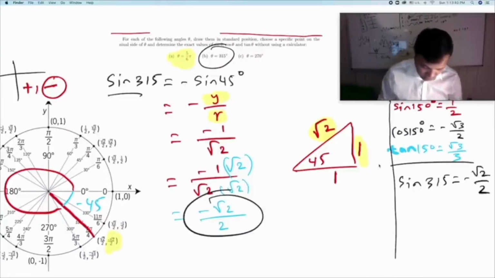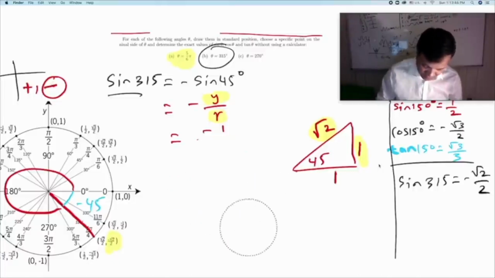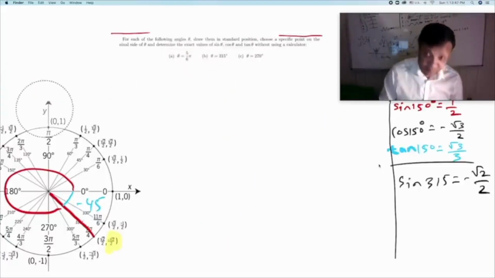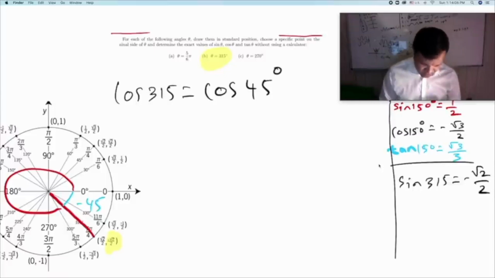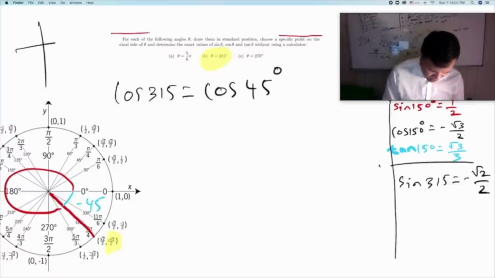Okay, now we are heading to cosine 315. Cosine 315 is equal to cosine 45. Why cosine 45? Because in the fourth quadrant, cosine is positive and sine is negative.